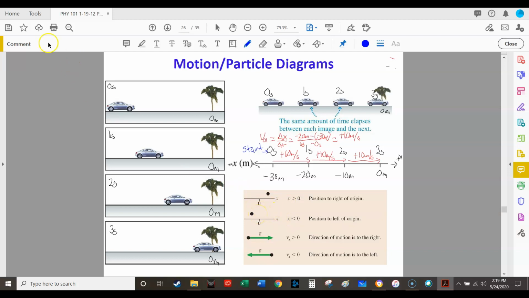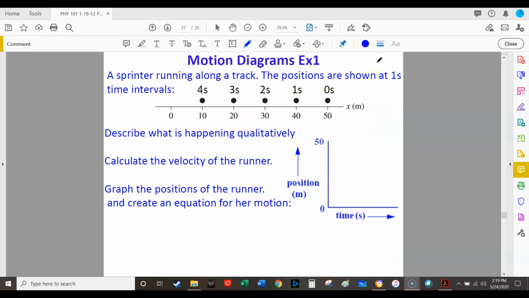All right, so let's try to apply what we've learned about motion diagrams, motion graphs, and creating prediction equations to represent that motion in one problem right here.